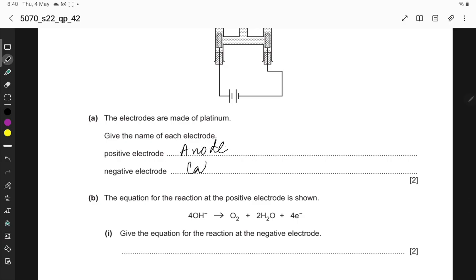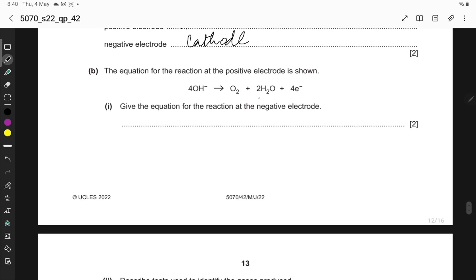Negative electrode is cathode. The equation for the reaction at the positive electrode is shown. Give the equation for the reaction at the negative electrode. At the negative electrode, hydrogen ions discharge at the cathode, gain electrons to form hydrogen gas.